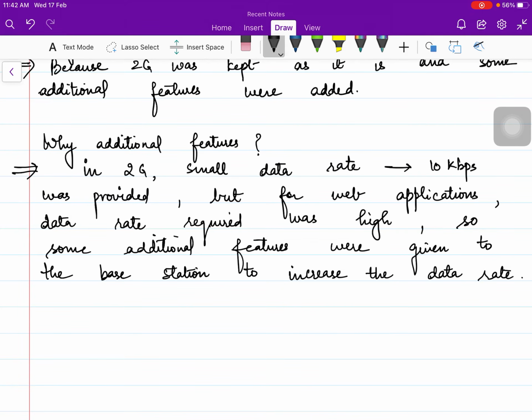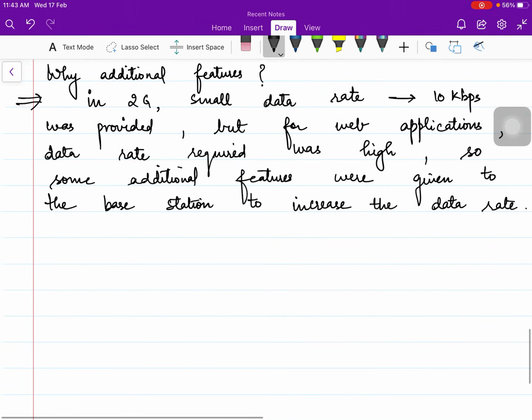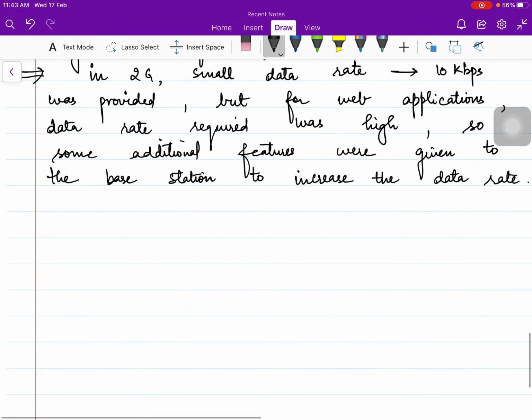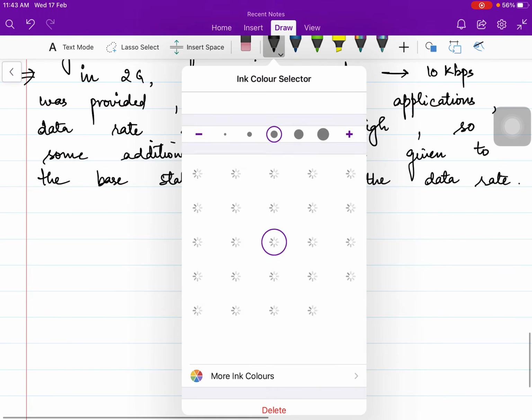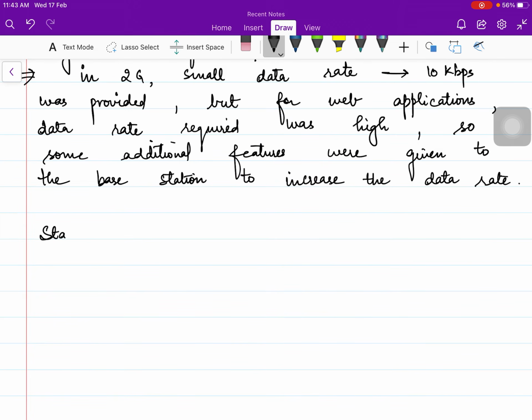All the base stations were given a software update and the data rates were increased so that they can now even use the web applications. Now I will name some of the standards here also, as were named in second generation and first generation. Most important one is GPRS, that is General Packet Radio Service.